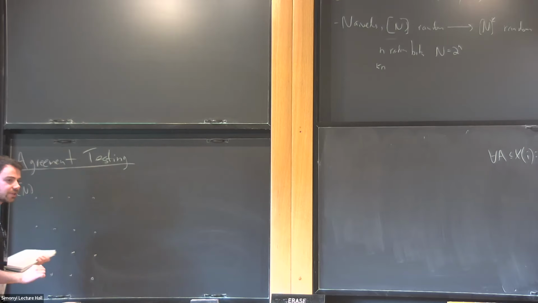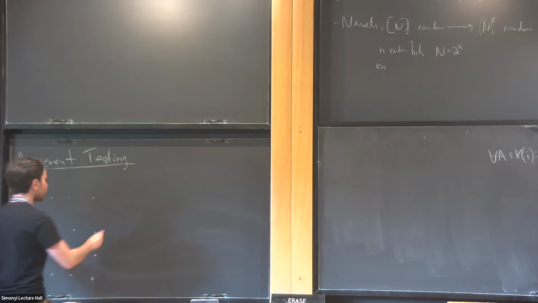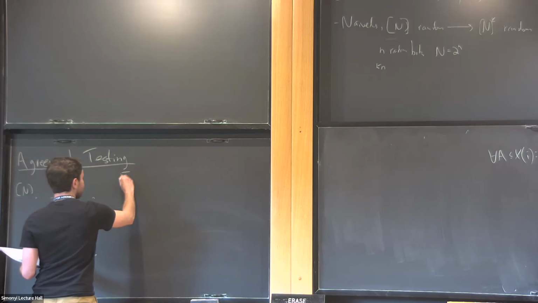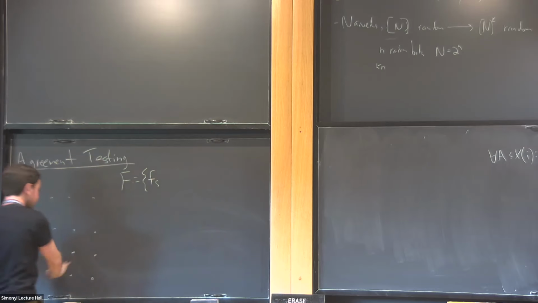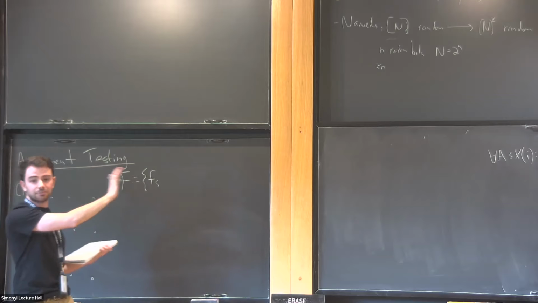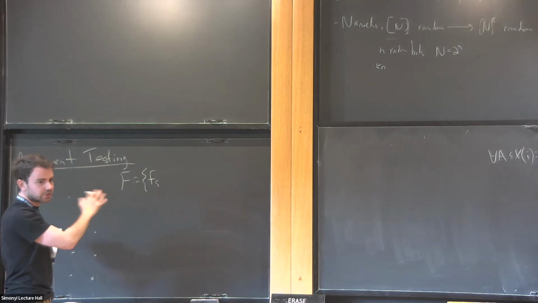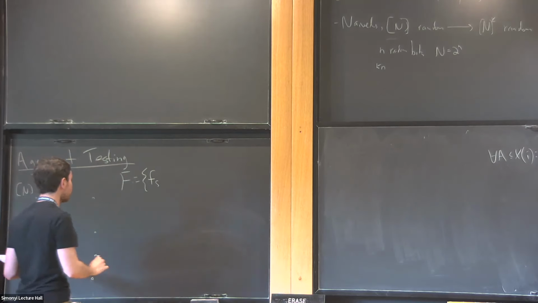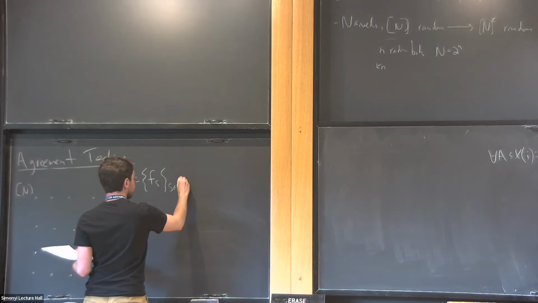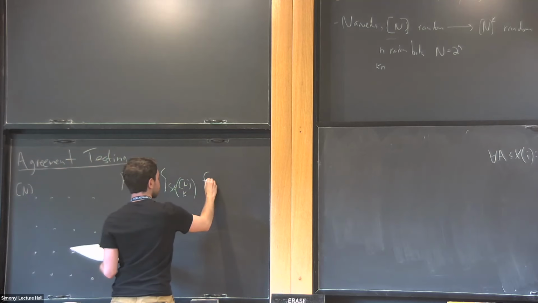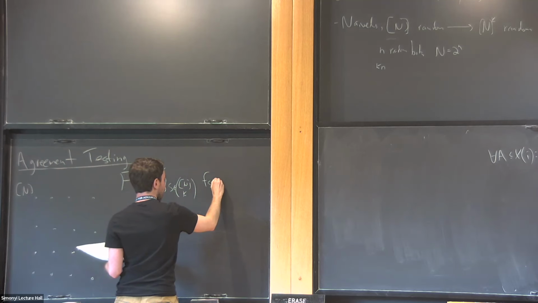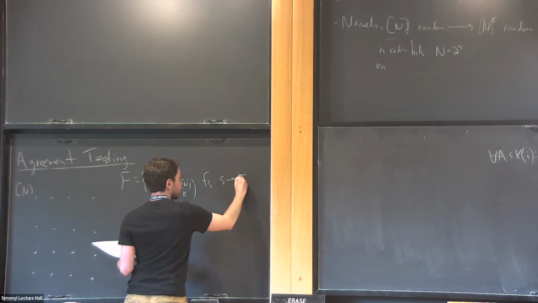With apologies to Avi, it'll just be easier to draw some things on it. So I have some universe, and I'm going to be given a collection of local assignments on this. We're going to be given a collection F, which for every k set of these vertices, we're going back to the complete case, but we can see how it'll generalize when we look at not the complete hypergraph. So for every S in n choose K, we're going to be given this local function, F_S, which maps the vertices in S to F2.